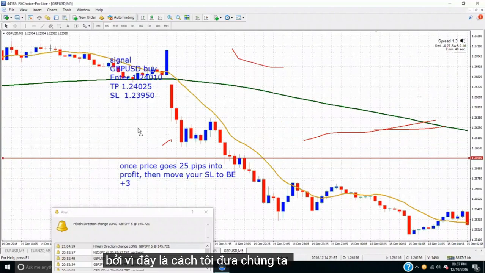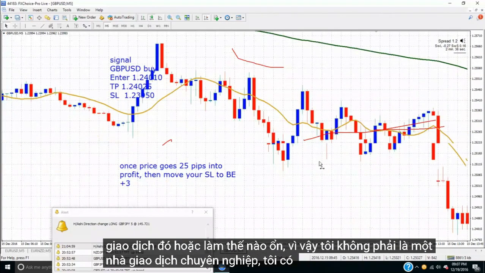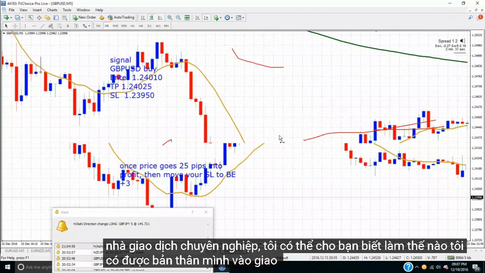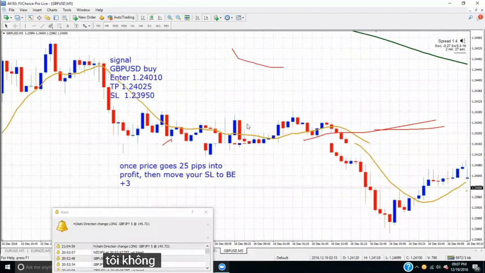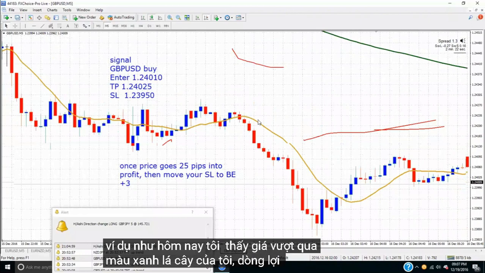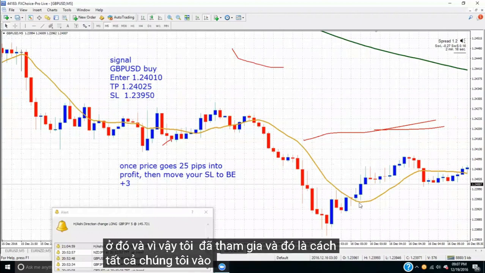This is how I got us into those trades. Okay, so I'm not a professional trader. I can tell you how I got myself into this trade today. Say for instance today I saw price cross my green, my 200 profit line up there, and so I got in, and that's how we all got in today, and we did good.